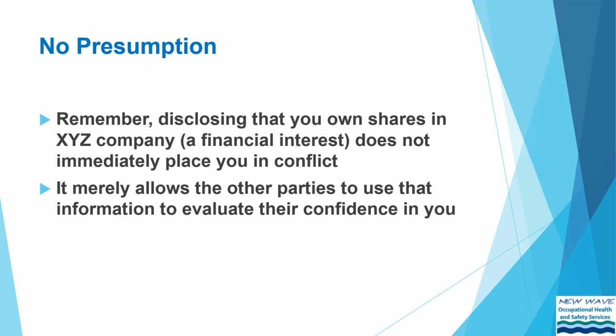And remember, disclosing that you own shares in some company does not immediately place you in conflict. It merely allows the other parties to use that information to evaluate their confidence in you.